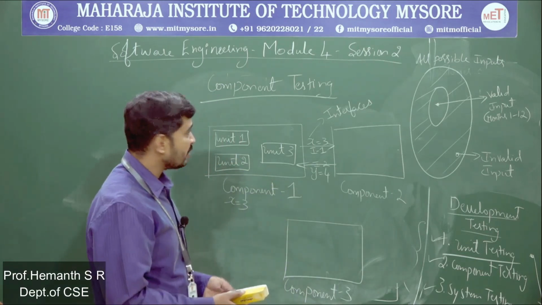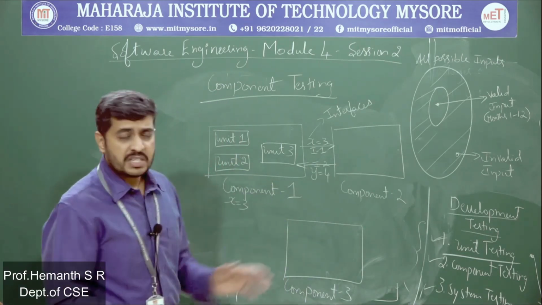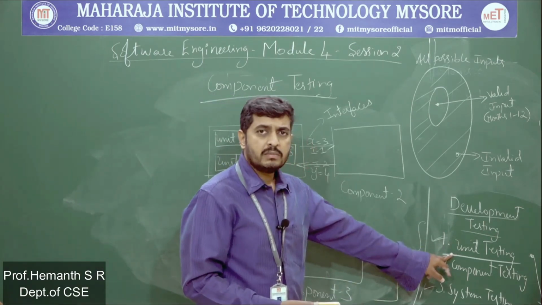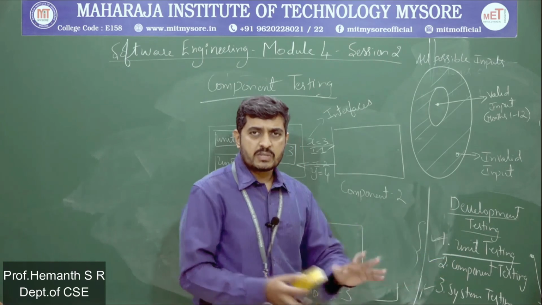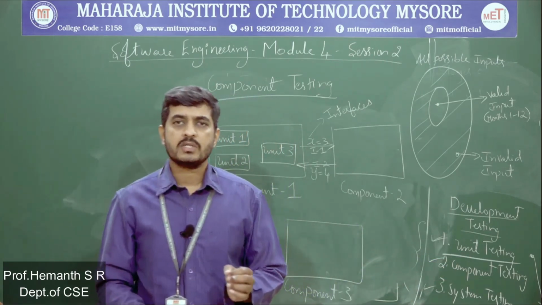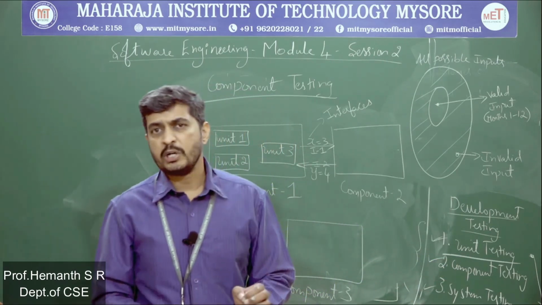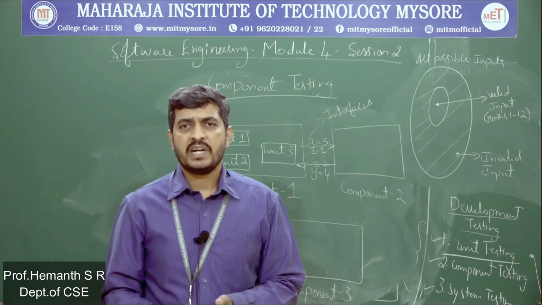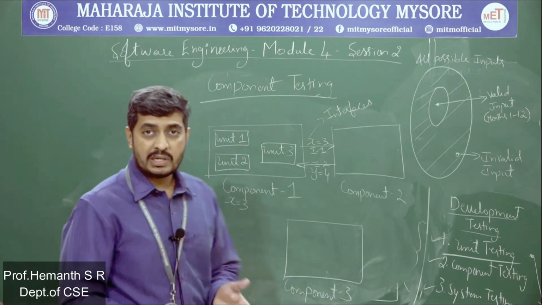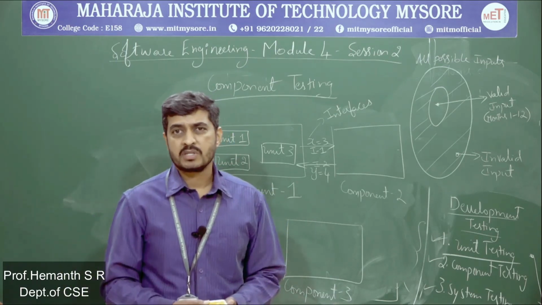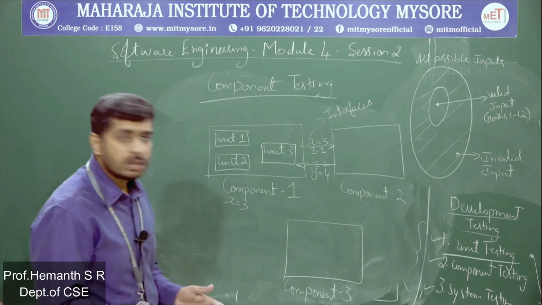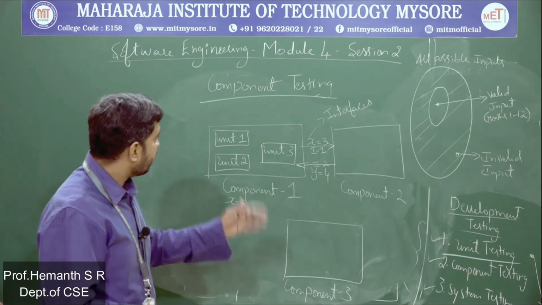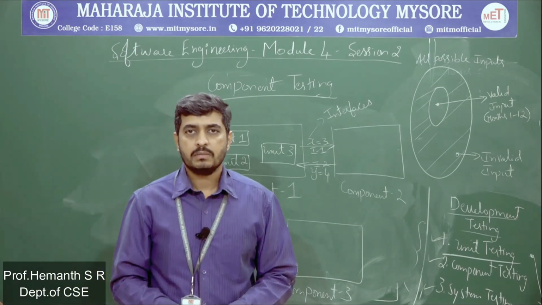To conclude, in session 2 we understood unit testing, the different aspects of unit testing, the importance of test cases, the strategies you need to follow when writing a test case, the significance of equivalence partitioning, boundary value analysis, and white box versus black box testing. All these things were covered in this session, and a brief introduction to component testing was given. So thank you.